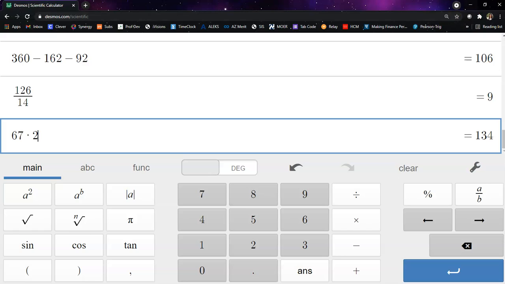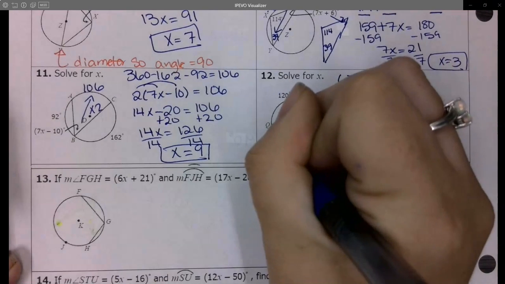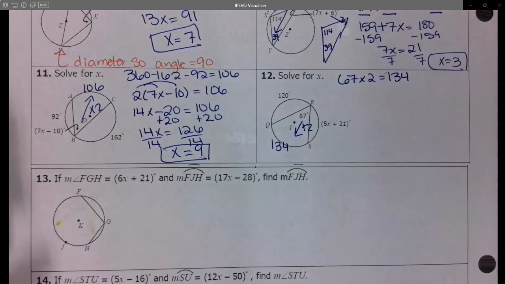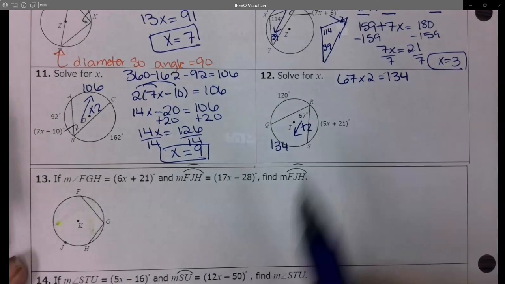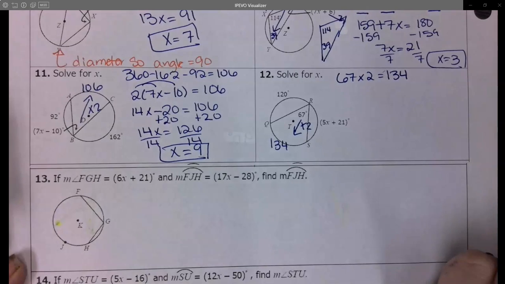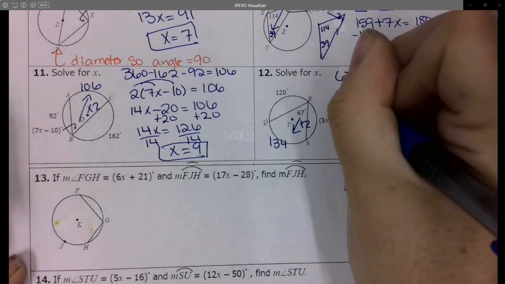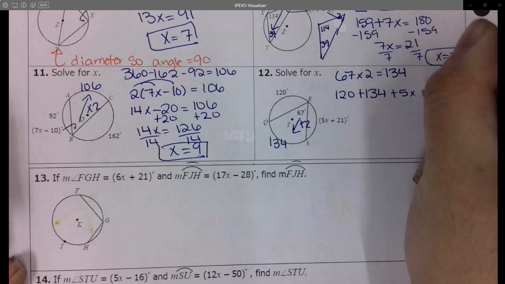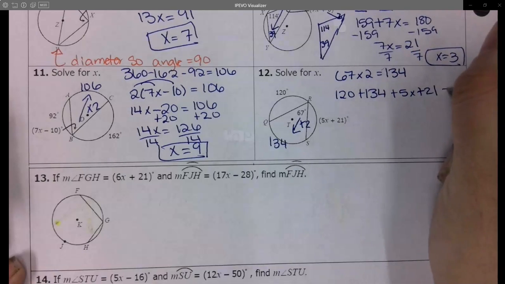It gets me 134. So that's the missing arc length right here. Now I have all of my outside lengths to add up to equal a circle. So I'm going to add 120, 134, and the 5x plus 21, and set it equal to 360.